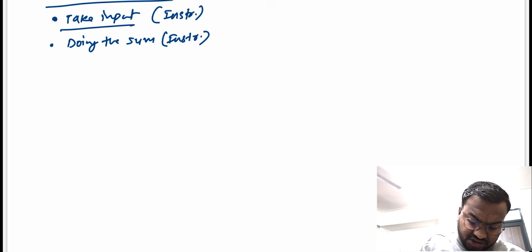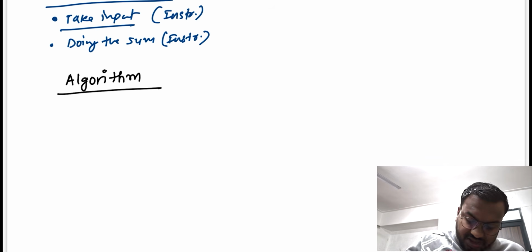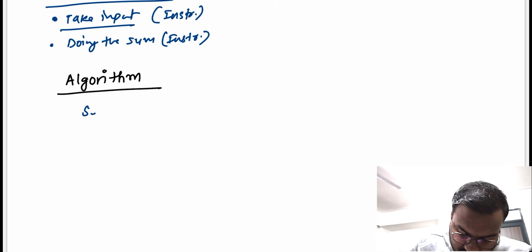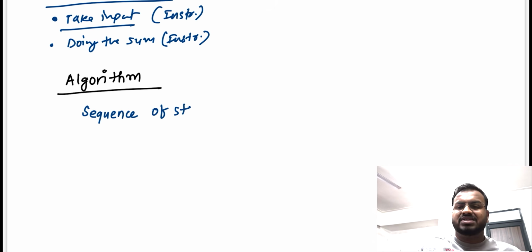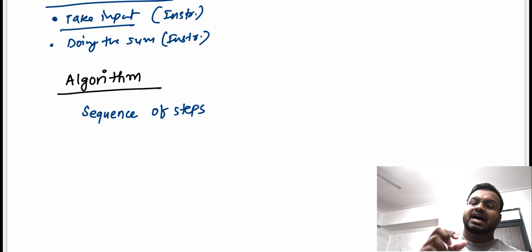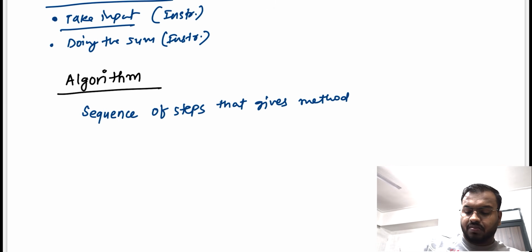Next terminology is algorithm. What is an algorithm? All of you must have heard algorithms. So algorithms are nothing but a sequence of steps that gives a method of solving a problem.